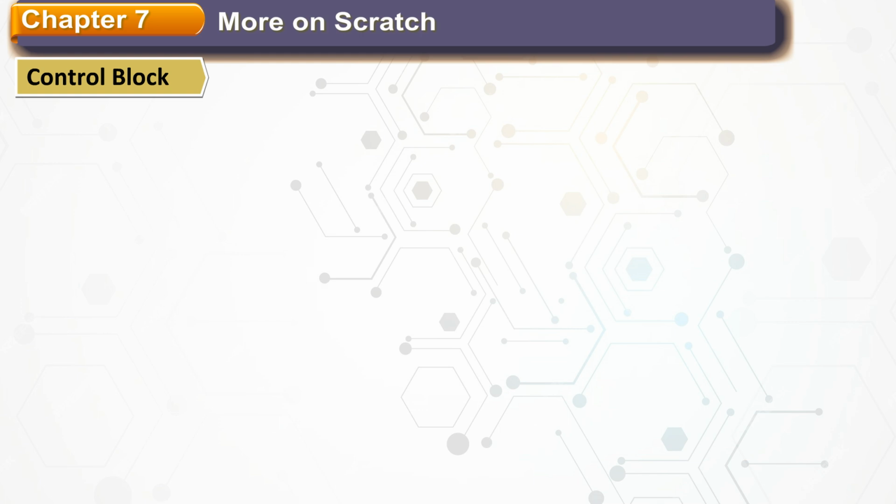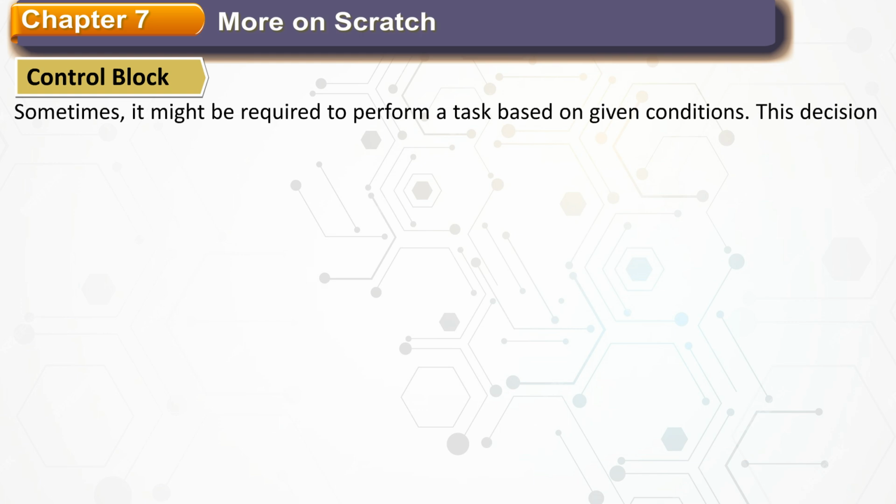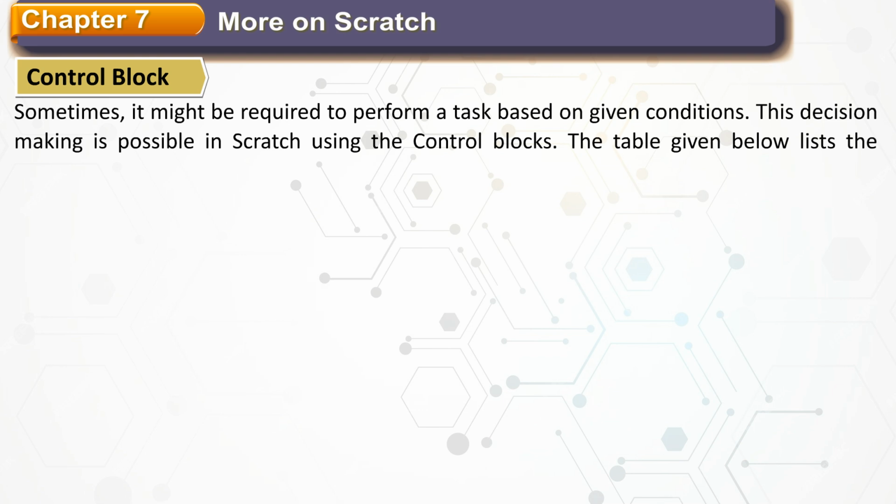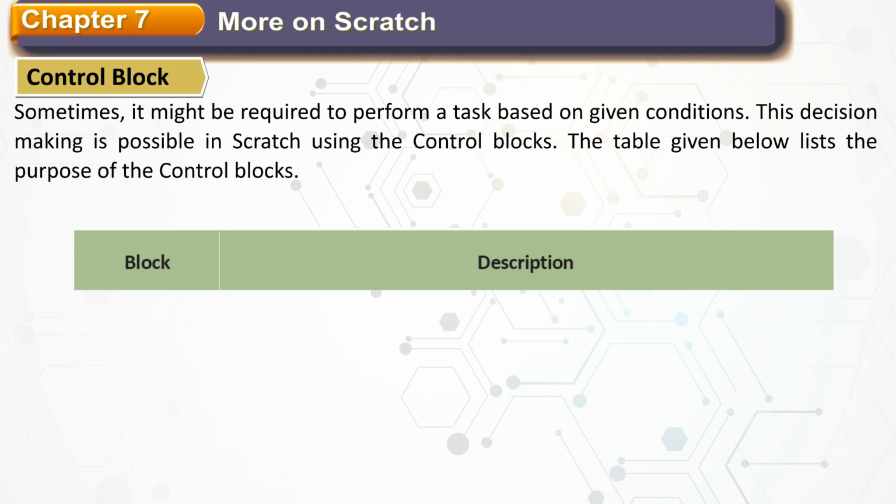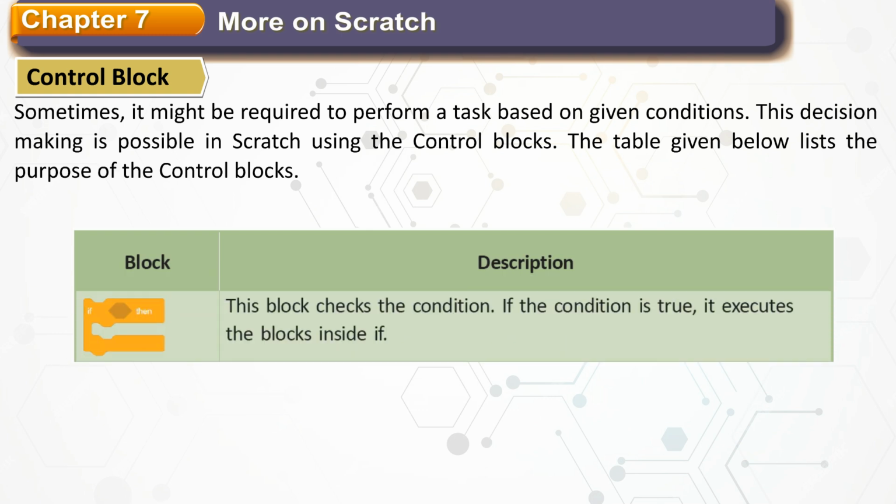Control block. Sometimes, it might be required to perform a task based on given conditions. This decision-making is possible in Scratch using the control blocks. The table given below lists the purpose of the control blocks. Block description. If then, this block checks the condition.